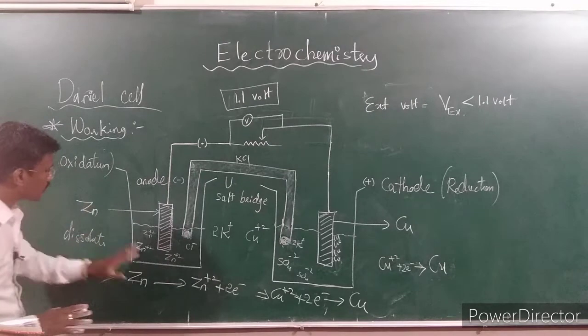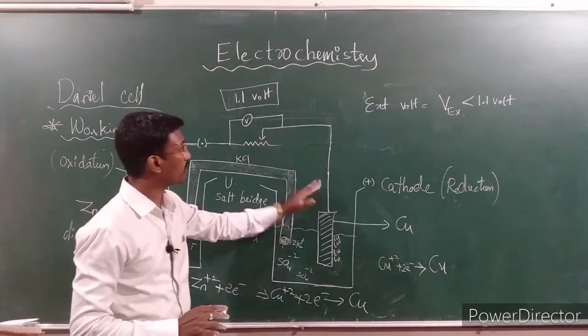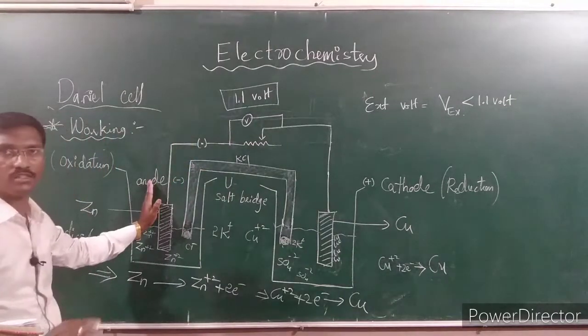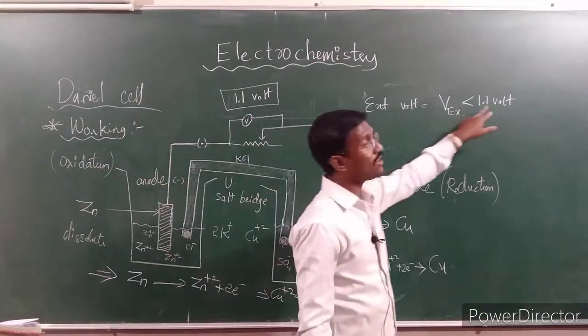Zinc undergoes oxidation, copper undergoes reduction, electrons move from zinc to copper, and current moves from copper to zinc, isn't it? Everything will be the same when the external potential is less than 1.1.